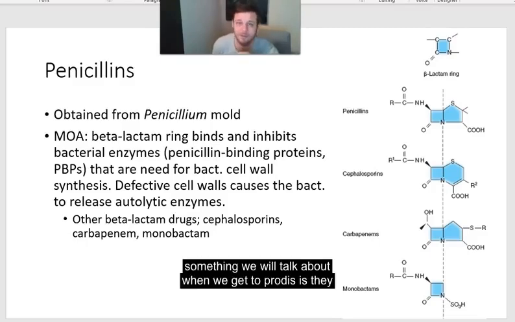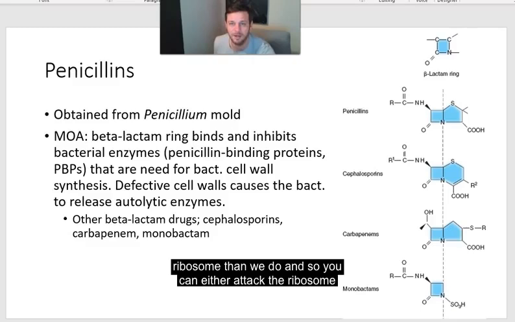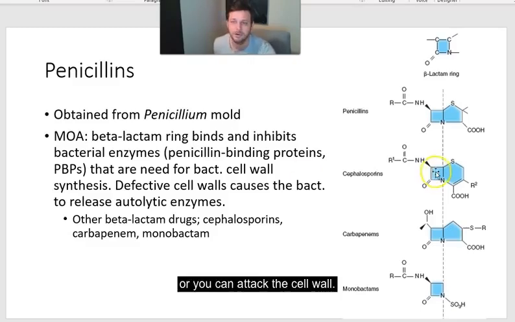Something that we'll talk about when we get to protists is they don't have cell walls. And so it's really hard to attack those cells specifically because they are very similar to our cells. Another way to attack bacteria is they have a different type of ribosome than we do. And so you can either attack the ribosome or you can attack the cell wall.